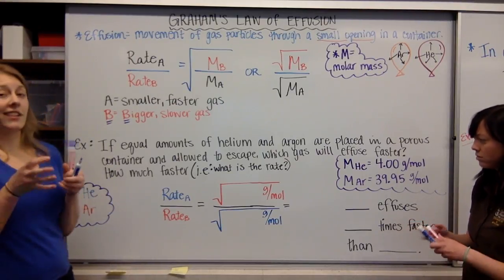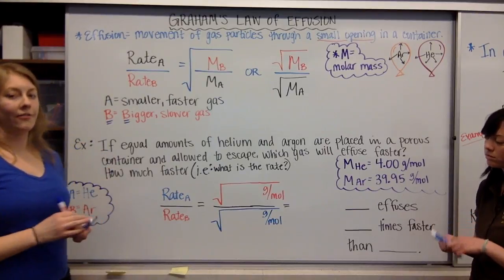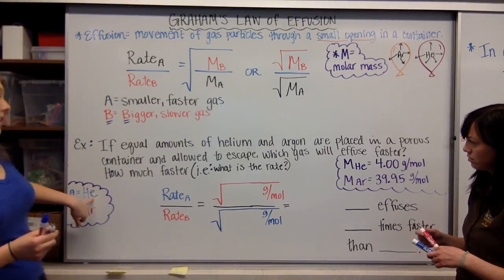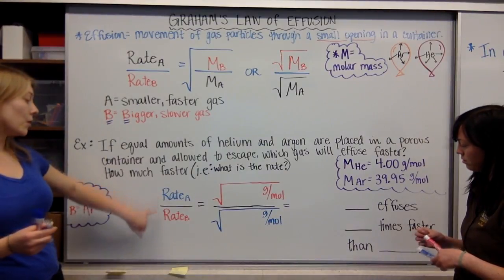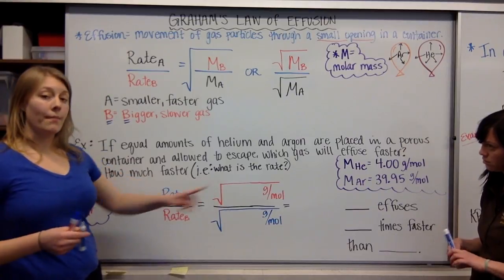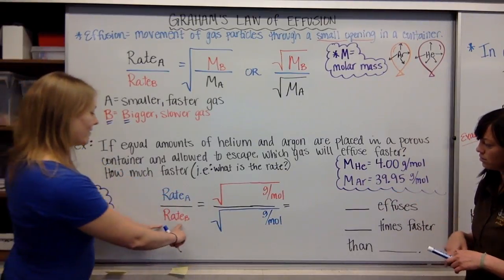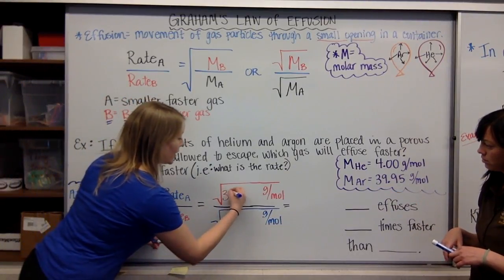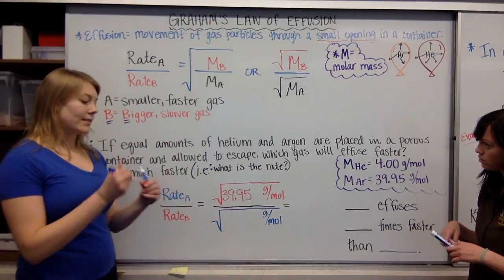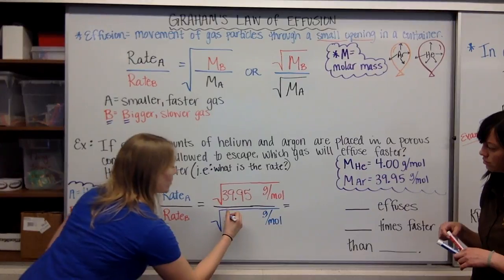It's going to take a lot more effort for that larger gas to get out of a small opening. So the rate of helium over the rate of argon is equal to the square root of the molar mass of argon, 39.95 grams per mole, divided by the molar mass of helium, 4.00.